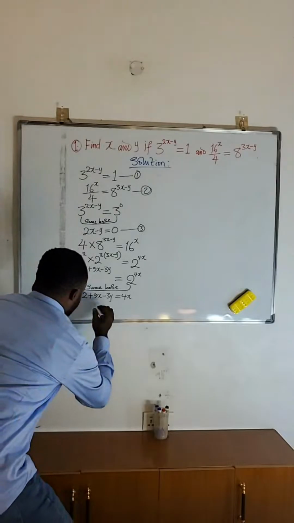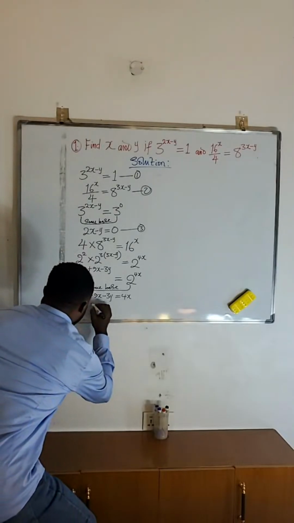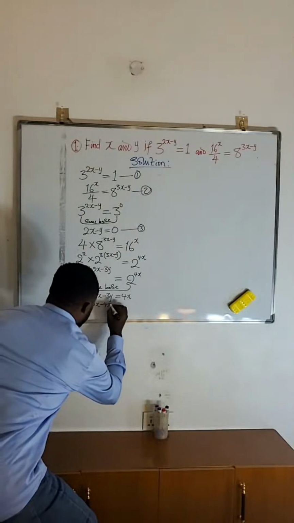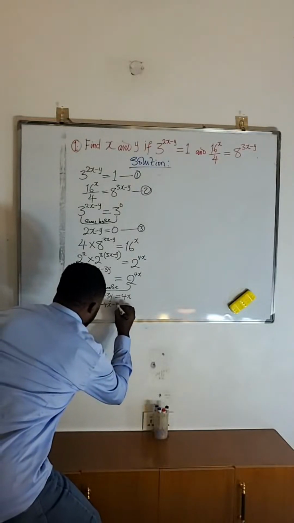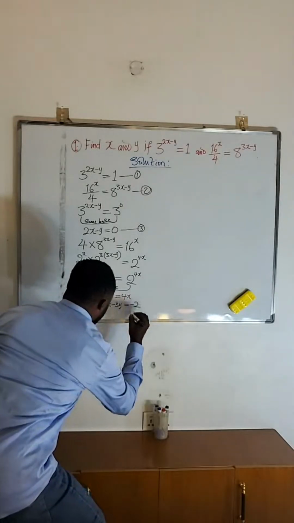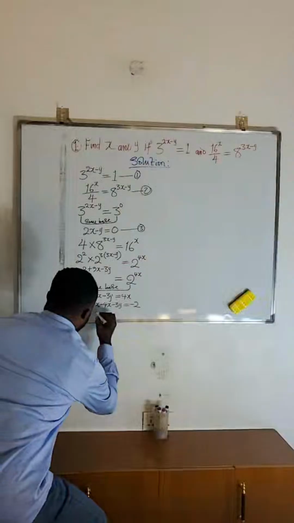Let's collect like terms. If we collect like terms, we have 9x minus 4x minus 3y equals minus 2.